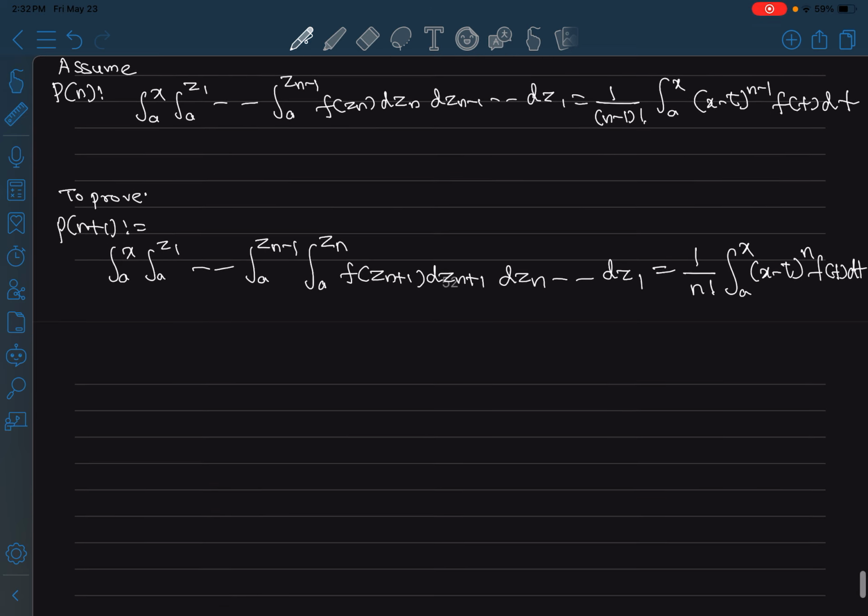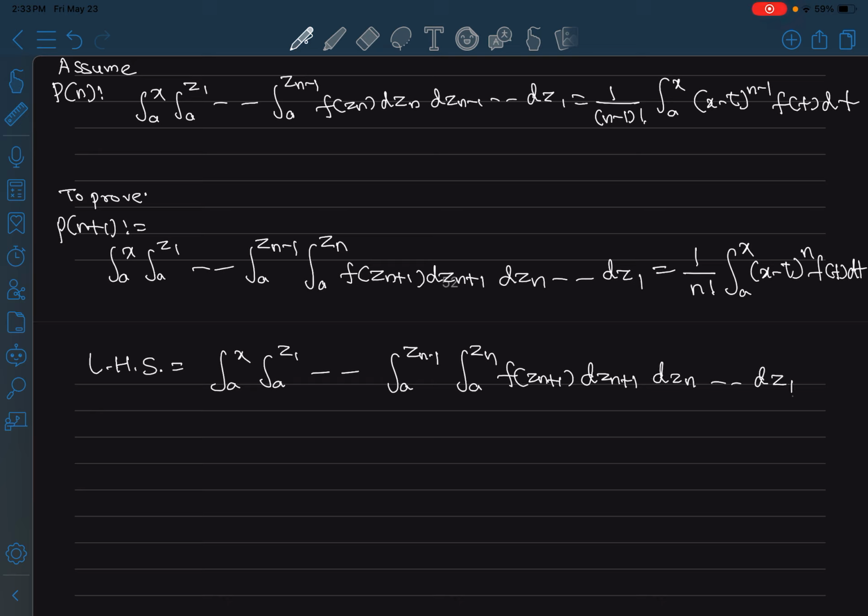Okay, so let's see how we're going to prove it. So let's take the LHS. So a to x, a to g1, up to a to g sub n minus 1, a to gn, f of g sub n plus 1, dz sub n plus 1, dzn up to dz1, right? Okay, now if I group the n integrals inside, excluding the first one, so there are just n integrals now, right?